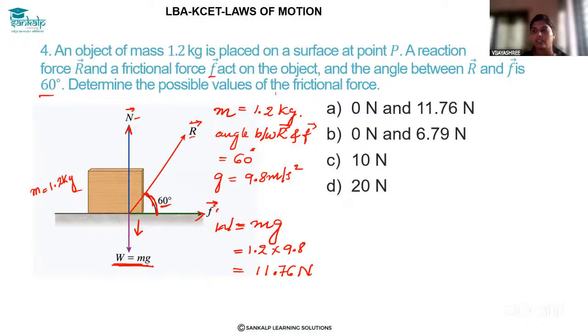Now what we need to calculate. Let us understand the forces. Three forces are acting on the object. One is the normal reaction, another is the frictional force, and another is the reaction force.